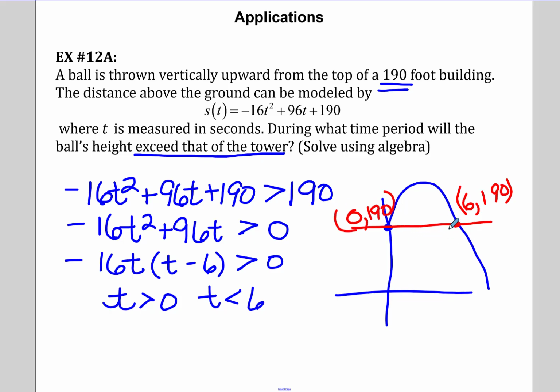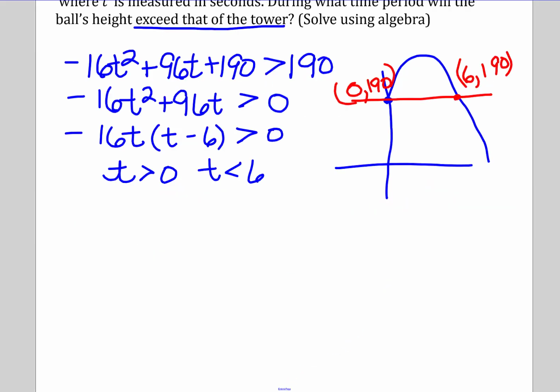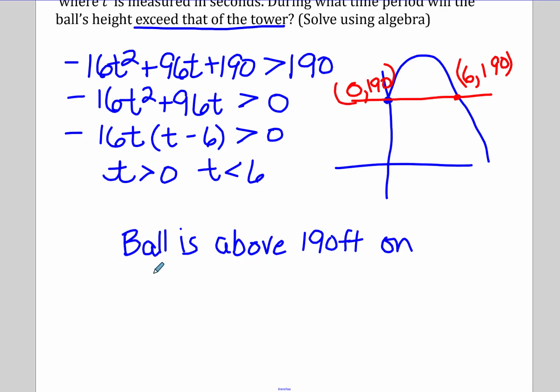So it's this section in between 0 and 6 where the ball is above the tower. So we could say the ball is above 190 feet on 0 to 6 seconds. And then after that, it's on its way to the ground.